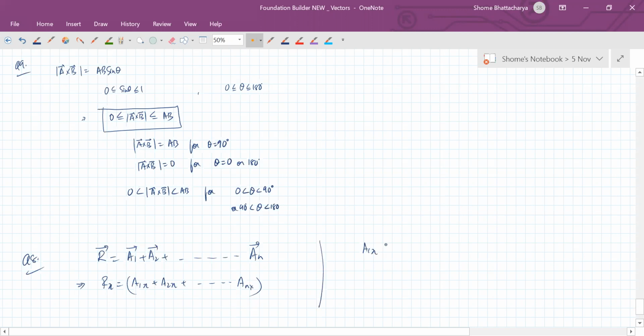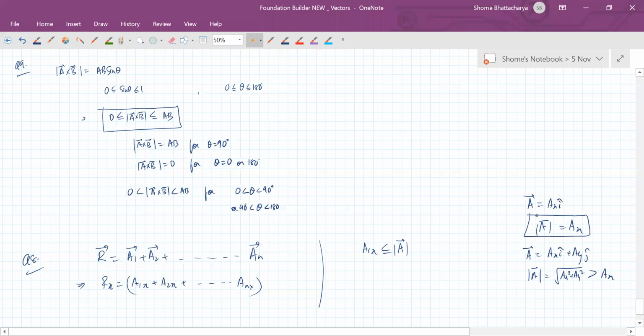Now any vector's x component is less than or equal to the vector's magnitude. Because basically, if I have a vector which is just ax i cap, then the magnitude of the vector is ax. But if I have a vector which is like this, then the magnitude of the vector is greater than ax, no?